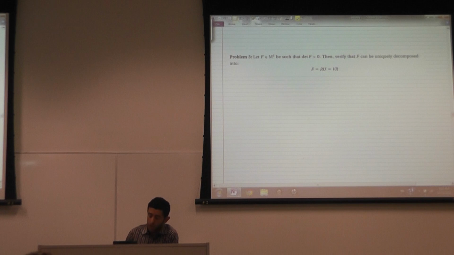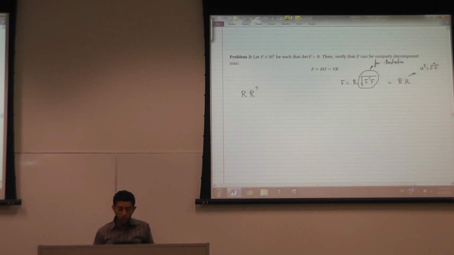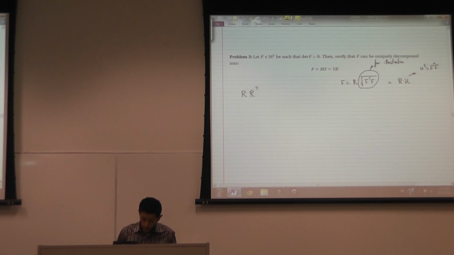So, to know whether it's a rotation matrix or not, I'm going to take R, multiply by R transpose, and see what happens. And I'm going to define R. Now F is equal to R multiplied by the square root of F transpose F. I shouldn't be using the square root in matrices. This is just for illustration. This is equal to R U, and U squared is equal to F transpose F. So what's R?